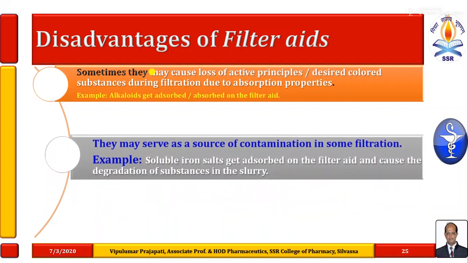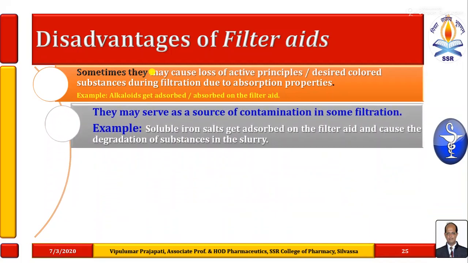They may also serve as a source of contamination in some kinds of filtration. For example, soluble iron salts get adsorbed on the filter aid and hence cause degradation of substances in the slurry. So it is also one of the disadvantages.